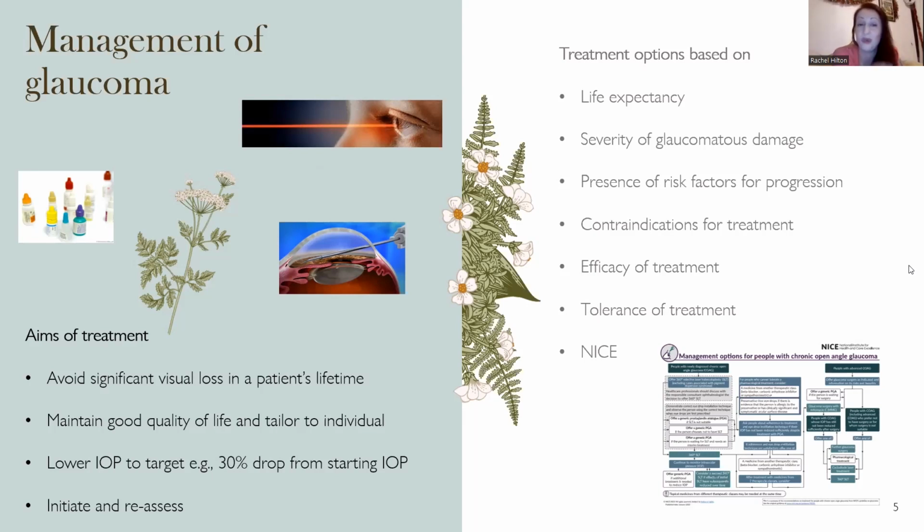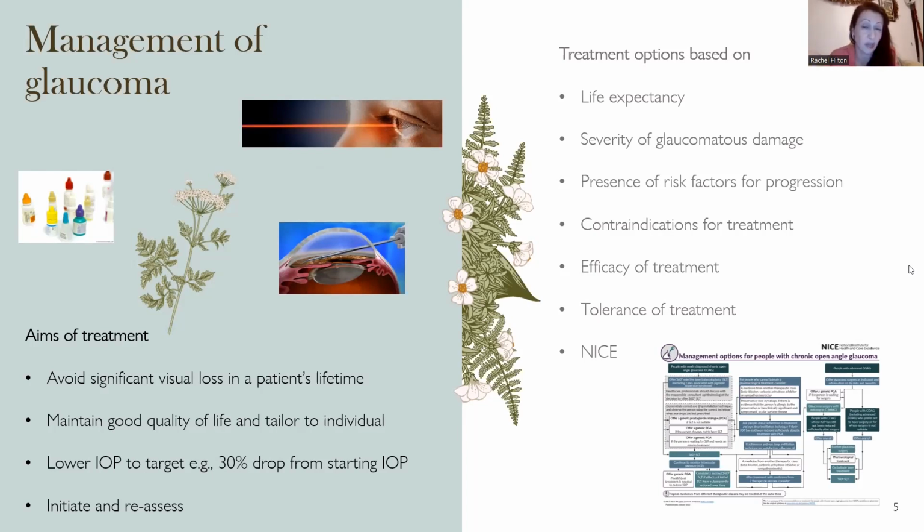The aim of treatment for us is always to avoid significant loss of vision in a patient's lifetime. We want to make sure we're preserving your vision for as long as possible. We want you to have a good quality of life, and it should be tailored to your circumstances. We want to lower the eye pressure. That's the one modifiable risk factor we concentrate on, and we're usually aiming for 25 to 30% lowering based on what evidence tells us, but essentially that's going to be based on where you start with us and where the damage has occurred.